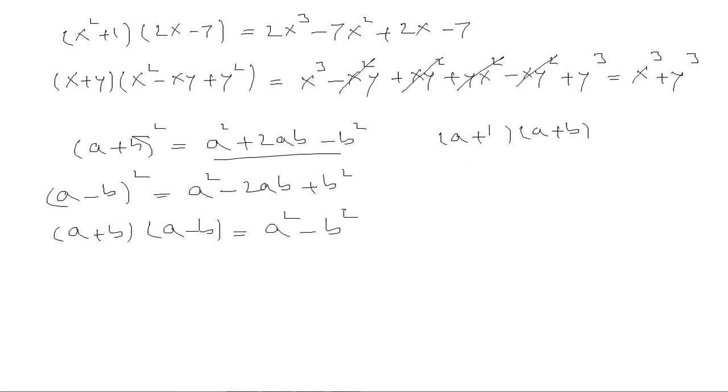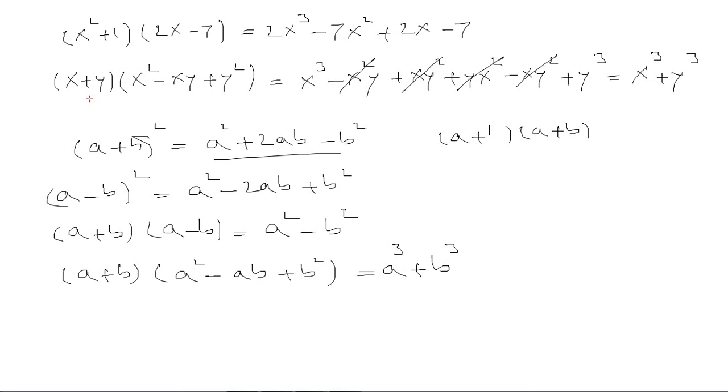Another important one is a plus b times a squared minus ab plus b squared, which gives you a to the power of 3 plus b to the power of 3.